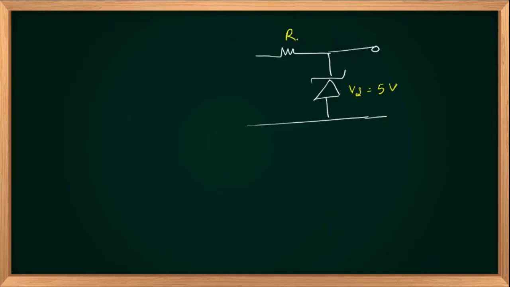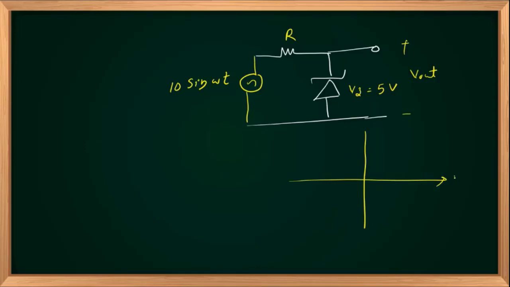And this is R. Let us assume my input is a 10 sin omega t signal. And you are asked to identify the output voltage, Vout. And then you are asked to plot the transfer characteristics of the given circuit, as we did earlier in the normal diode clipper circuit.